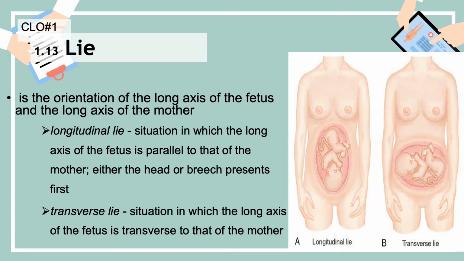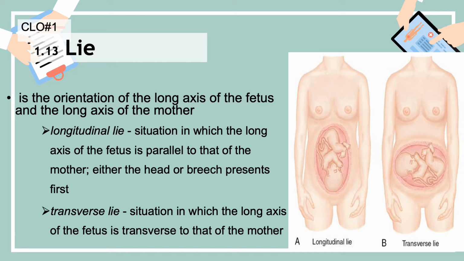Next is lie. This is the orientation of the long axis of the fetus and the long axis of the mother. So for us to easily understand that, I included a picture on the slide. For figure A, we have longitudinal lie. This is the situation in which the long axis of the fetus is parallel to that of the mother. Either the head or the breech presents first.